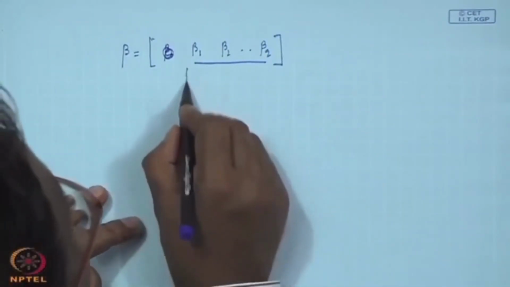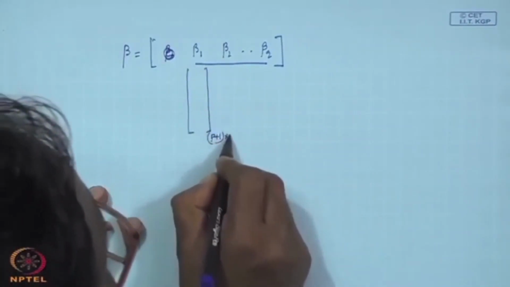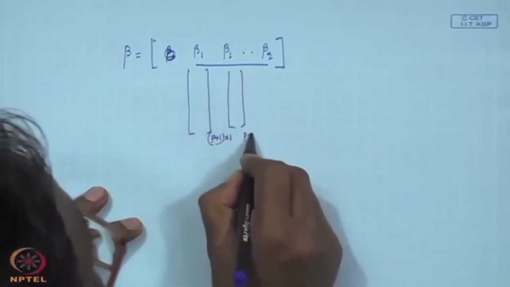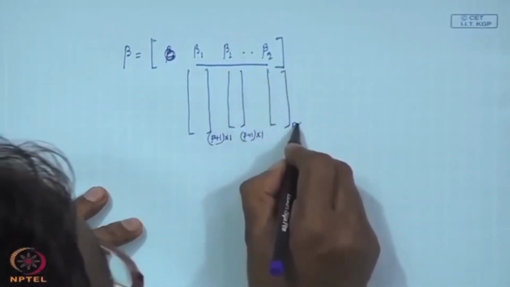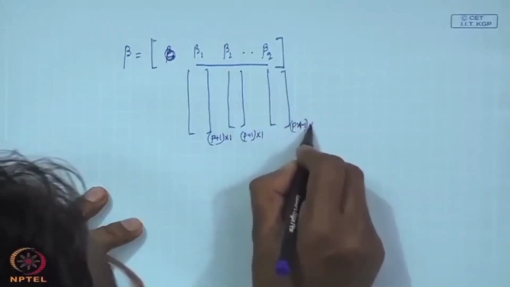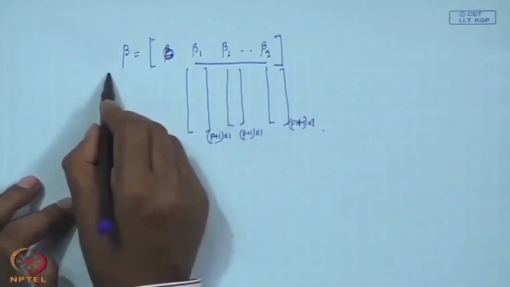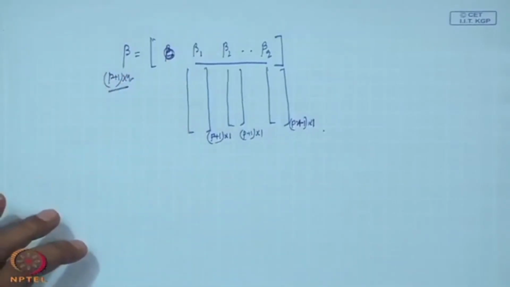Now, this beta 1 contains P plus 1 into 1, beta 2 also contains P plus 1 cross 1, like this. That is why it is P plus 1 cross q. Fine.